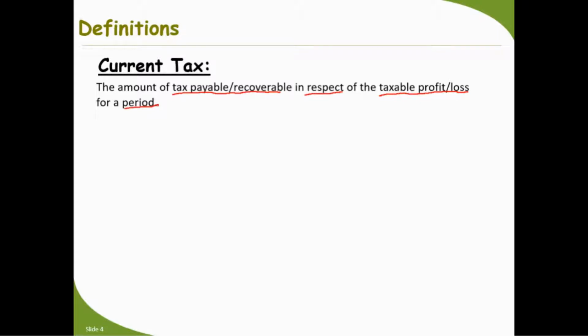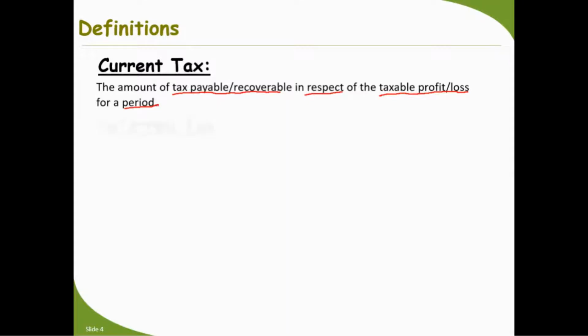Why? Because there is a possibility that some expenses are tax admissible and some are not. There are some taxable incomes, and you may have some incomes that are exempted from tax. So taxable profit would be different from accounting profit. But keep in mind, in your exam, accounting profits will be given to you.